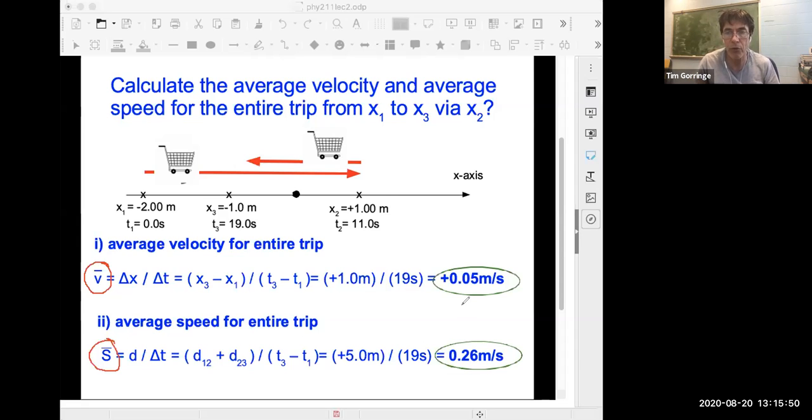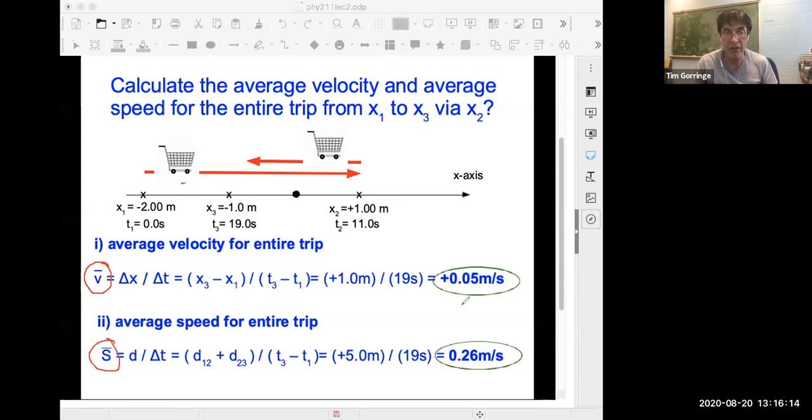So again, that's an important point. Not only were the distance and displacement different for the trip, 5 meters versus 1 meter, the velocity and the speed are also different. They're 0.05 meters per second and 0.26 meters per second.